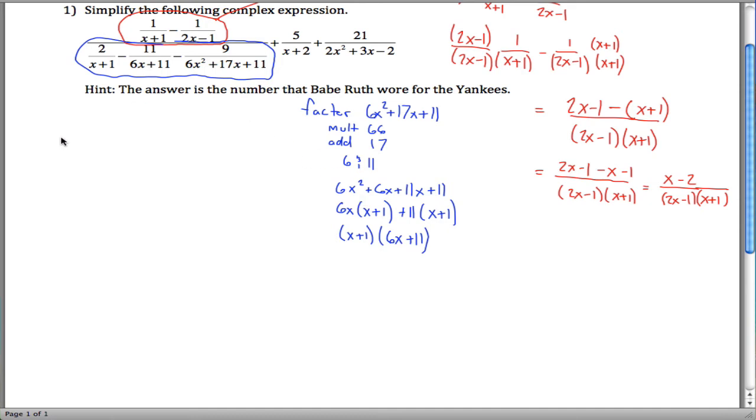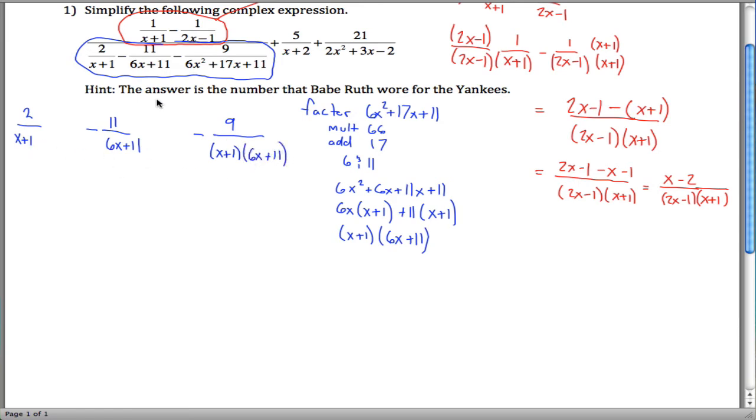So maybe I can write this all at once. I have 2 over x plus 1, and from that I want to subtract 11 over 6x plus 11, and from that I want to subtract 9 over what I just factored to be x plus 1 times 6x plus 11.